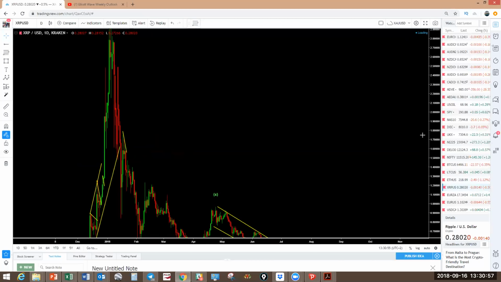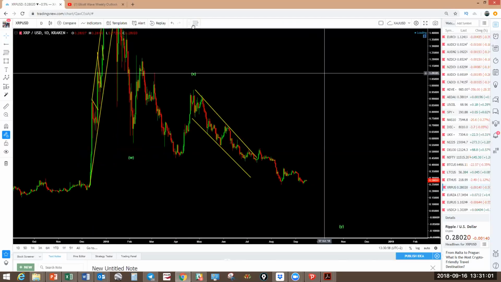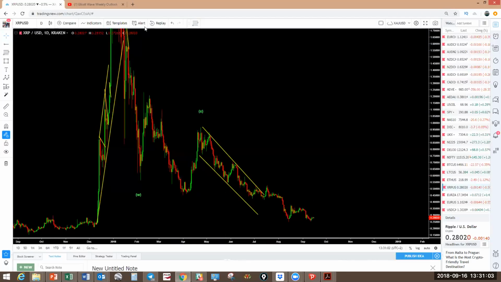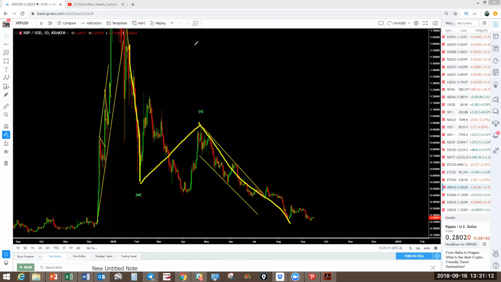All right, so Ripple, still the same structure as the others. You've got a running flat here in green X. 3 waves down, 3 waves correction, and now you're looking for this one to come down. Looks like here, right at the bottom, you're going to have something like this. You've got an impulse, you've got 1, 2, 3 waves down. You could come back for one up here, come back down.